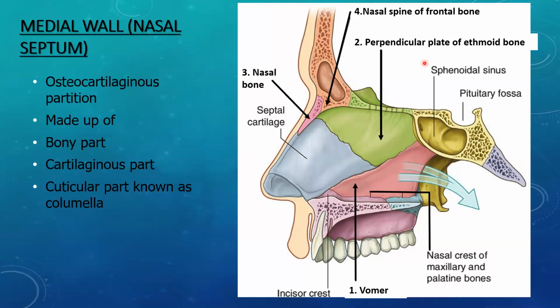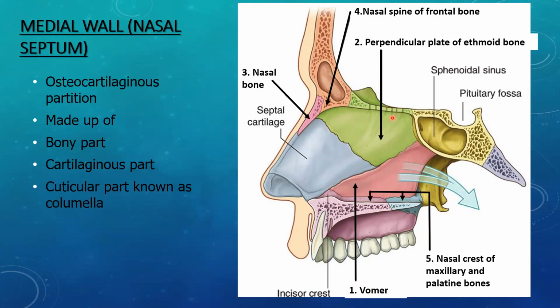Below, these are the nasal crest of the maxillary and palatine bones. There are two bones I have labeled as one. So they are the six bones forming the nasal septum. First, the vomer. Second, the perpendicular plate of ethmoid bone. They are the two main bones.